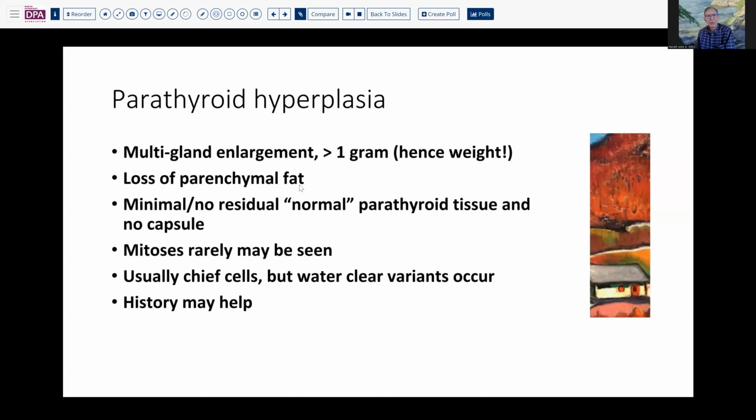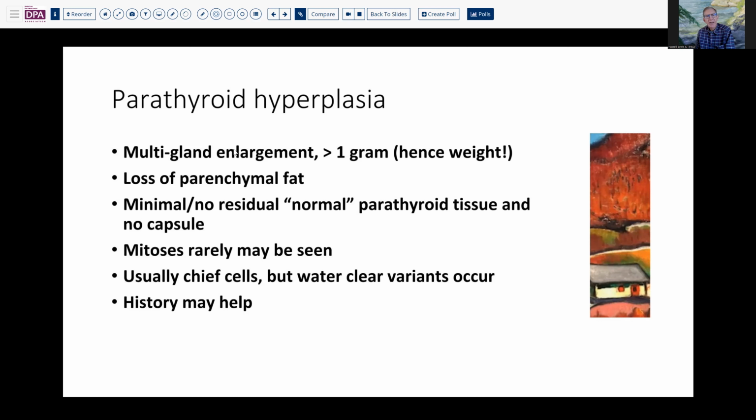Again, you'll have loss of parenchymal fat, but there should generally be no residual normal parathyroid tissue, and certainly no capsule seen. These usually will have chief cells, but there are also water-clear variants. Now, the history may help in the situation, if someone says this patient has renal failure, or if you're aware that they have other endocrine abnormalities from prior surgical procedures, that may help you.